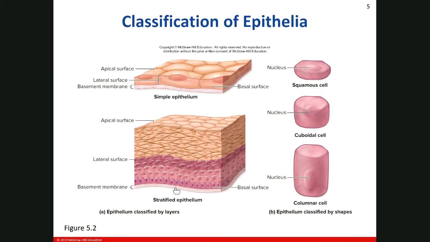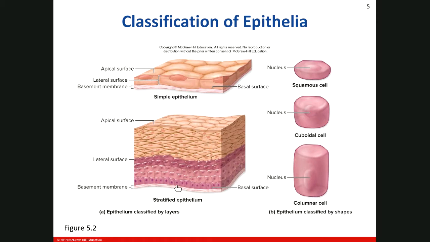But again, we always name epithelium after the appearance of what the top layer looks like. So here, these look more cuboidal at the basilar region, but when we get up to the apical region, they look more squamous. Therefore, we would name this stratified squamous epithelium, because these cells have a squamous appearance. These guys down here have more of a cuboidal appearance.